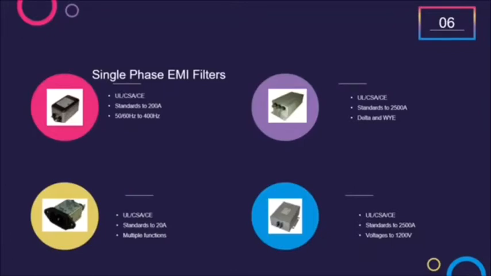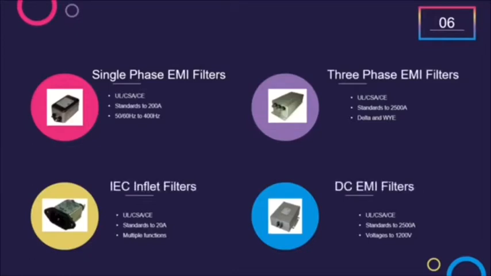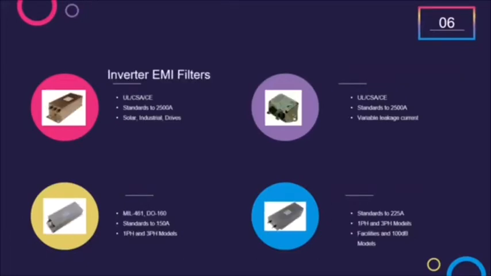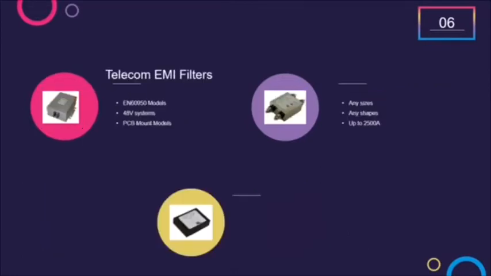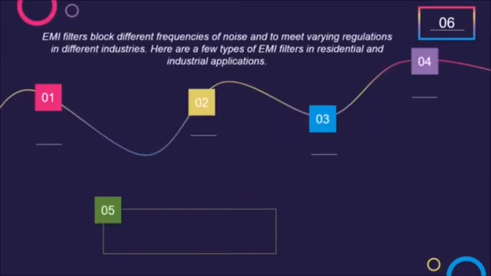Examples of EMI filters are single-phase EMI filters, three-phase EMI filters, IEC inlet filters, DC EMI filters, inverter EMI filters, medical-grade EMI filters, military EMI filters, TEMPEST filters, telecom EMI filters, custom EMI filters, and PCB filters.